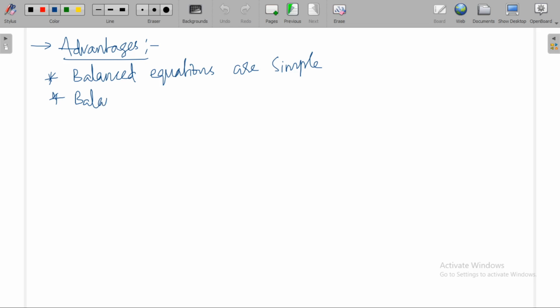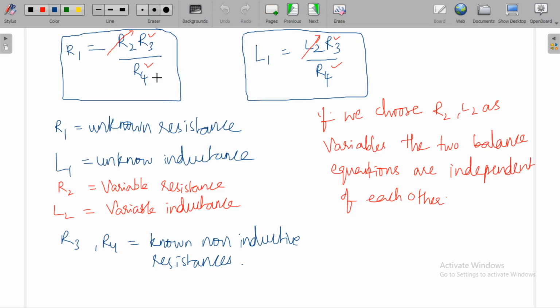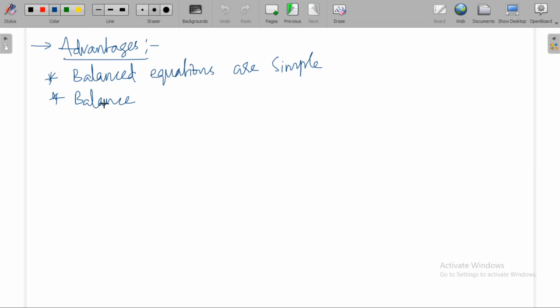Here see, no frequency term is present, so the balance equations are independent of frequency.